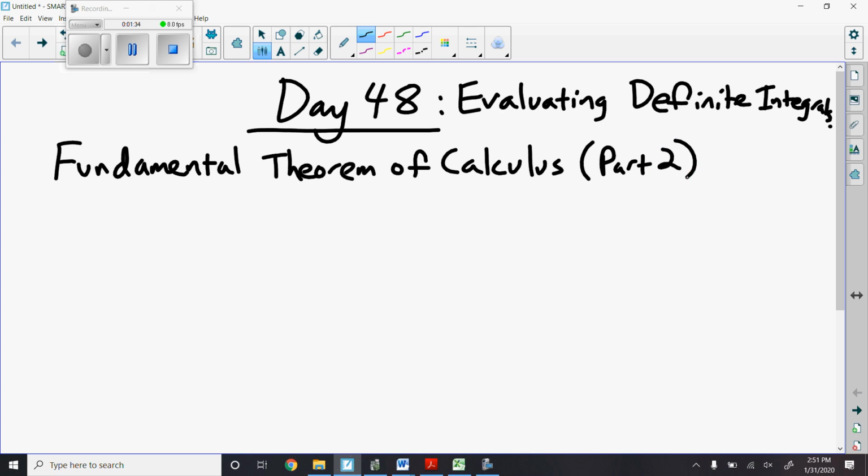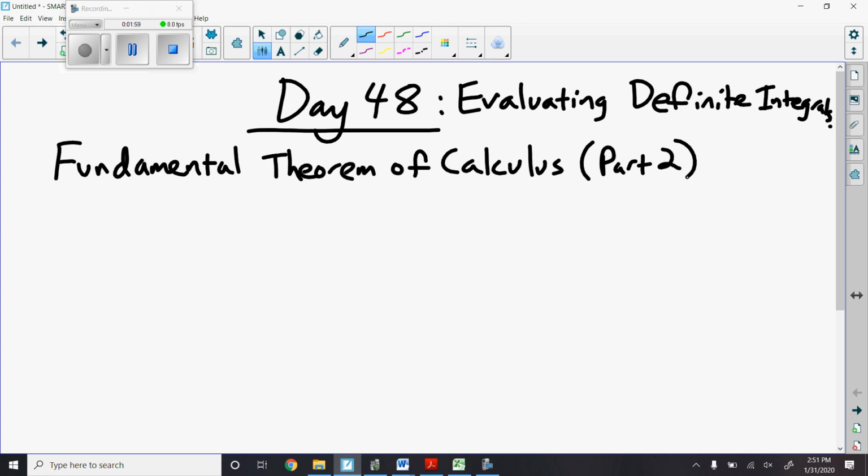We're really going to need to tell the difference between lowercase f and capital F. Instead of using f and f prime like we use with derivatives, oftentimes with integrals we use lowercase f for our function and capital F to symbolize the antiderivative.